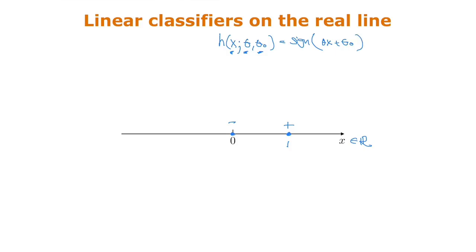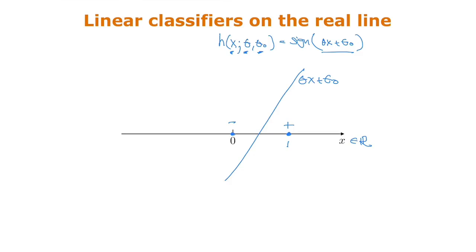Now we can take the argument to the sign function and plot that as a linear function of x. So this is now theta x plus theta naught. Notice that this isn't the boundary. This is the argument to the sign function, which is a linear function of x.